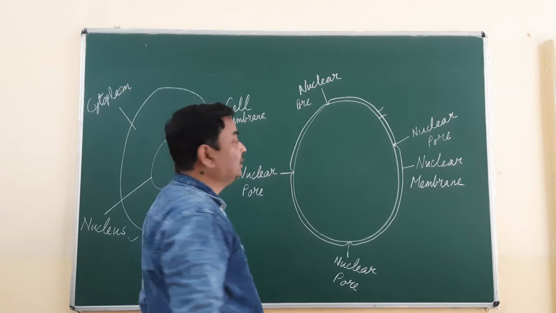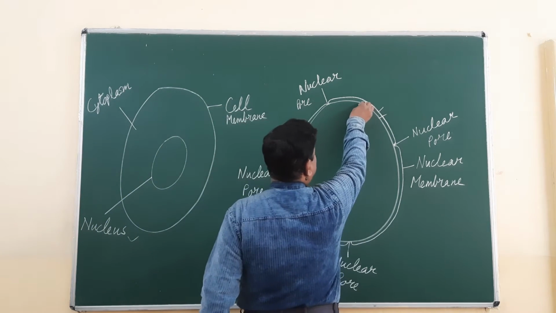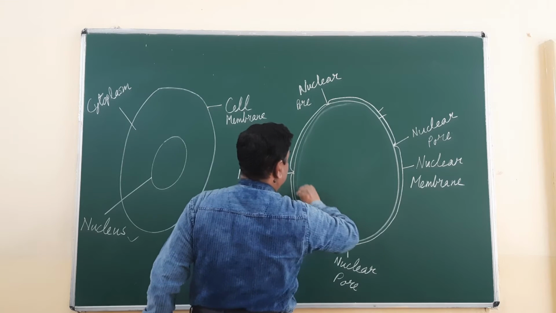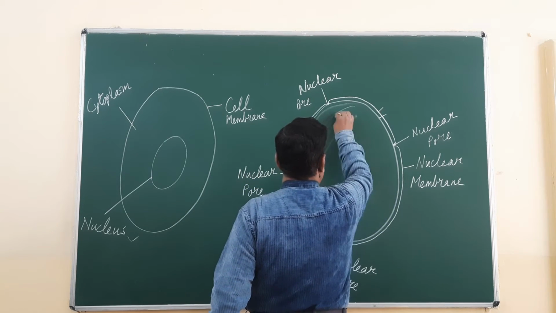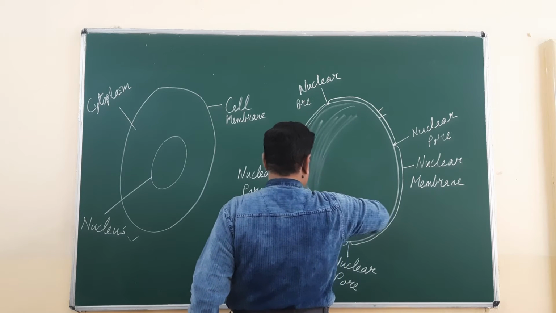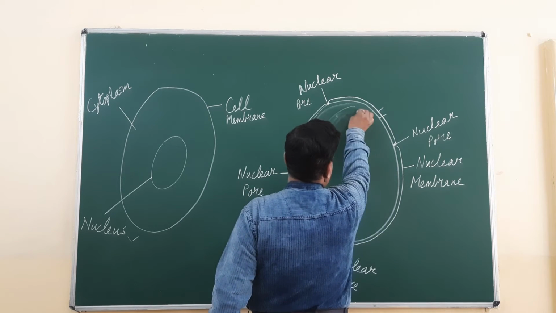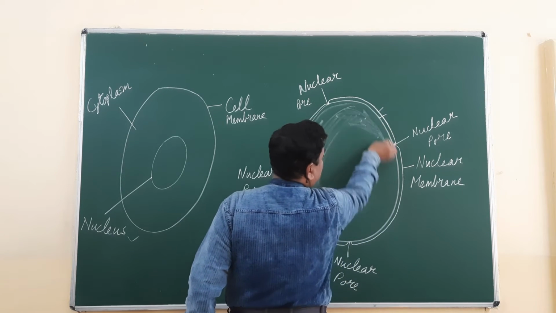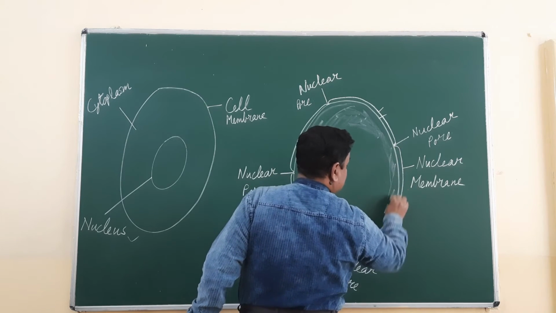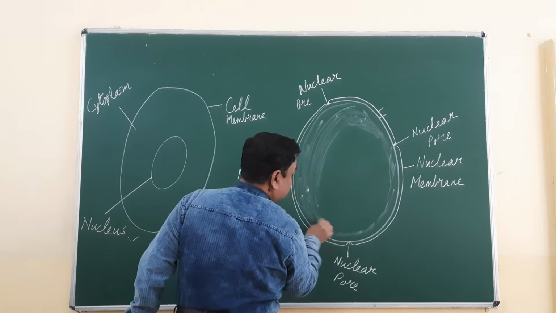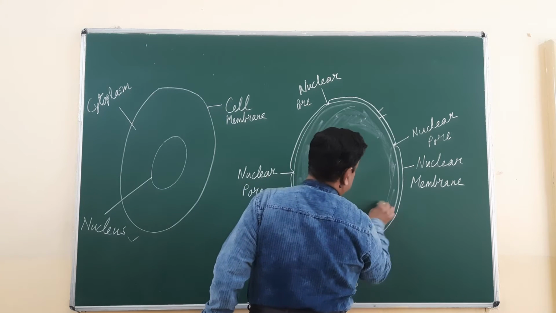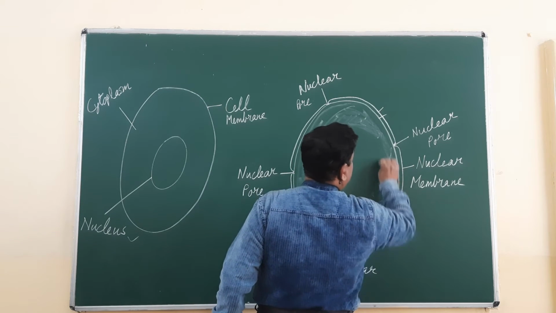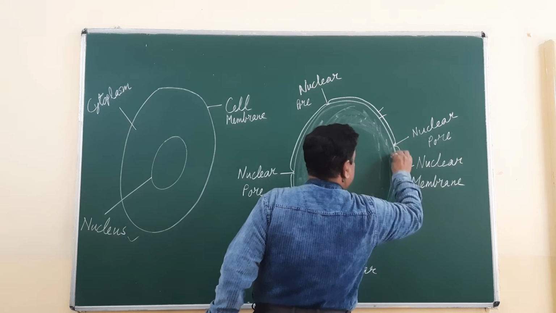Now inside the nucleus, again a sac is filled. A dense sap is filled which is transparent in structure, children.